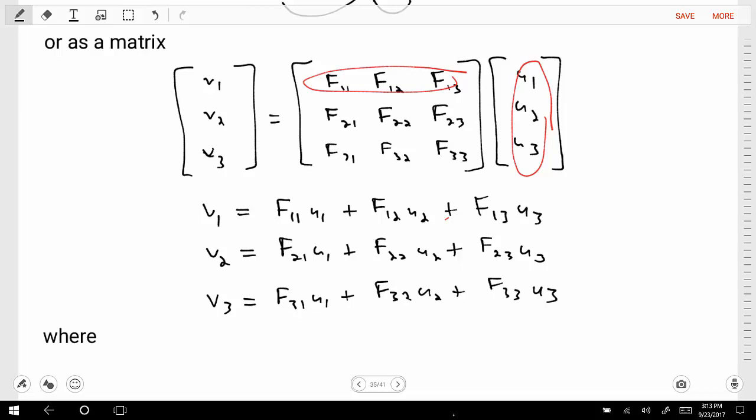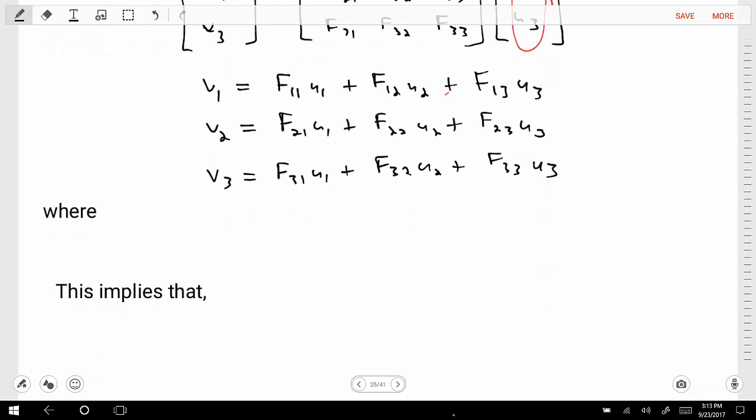And we can say that this is where Fkl, our components of F, are equal to the base vector index k dot tensor F dot base vector l.